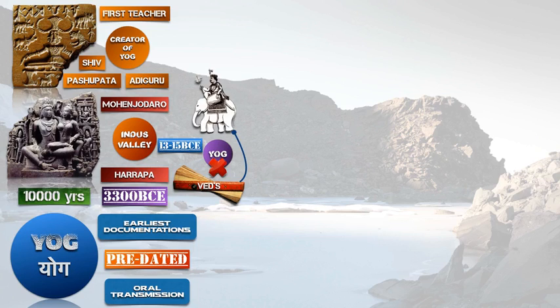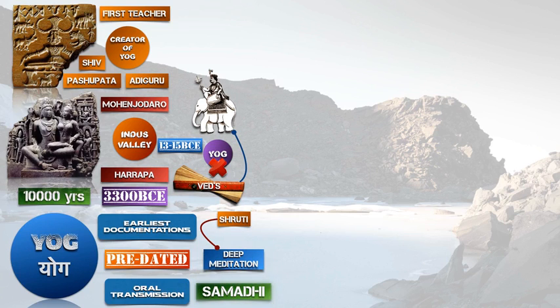Vedic knowledge is considered a Shruti, which means knowledge revealed by seers or rishis who attained them in states of deep meditation. This deep meditative state can be attributed to the yogic state of samadhi, and hence the existence of Vedas is testimony to the prevalence of flourishing yoga practices at that time.